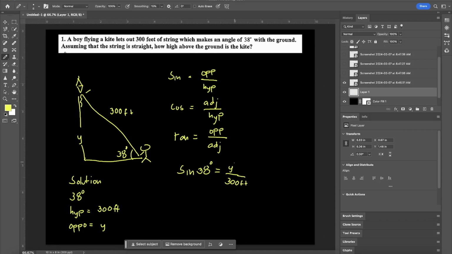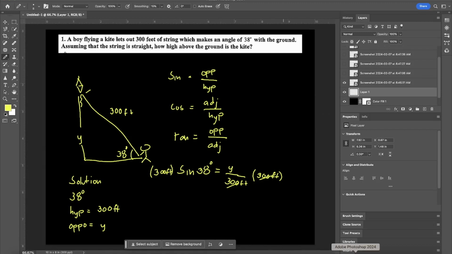Now, we're looking for y, so we need to get y by itself, and we can do that by multiplying 300 feet on both sides. That will cancel out the 300 on the right side of our equation, giving us 300 multiplied by sine 38 degrees is equal to y.